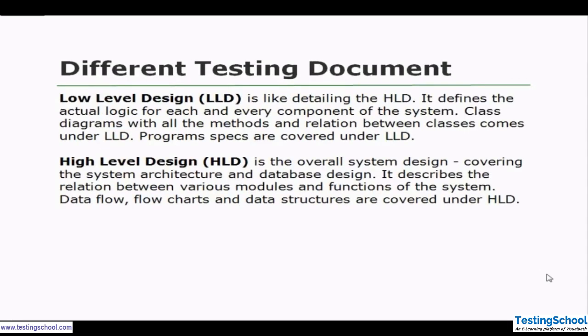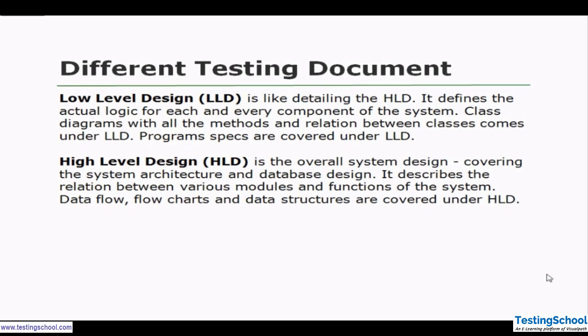So let's take an example of a testing document, that is the low level design document, which we call LLD. LLD is detailing the HLD. It defines the actual logic for each and every component of the system.